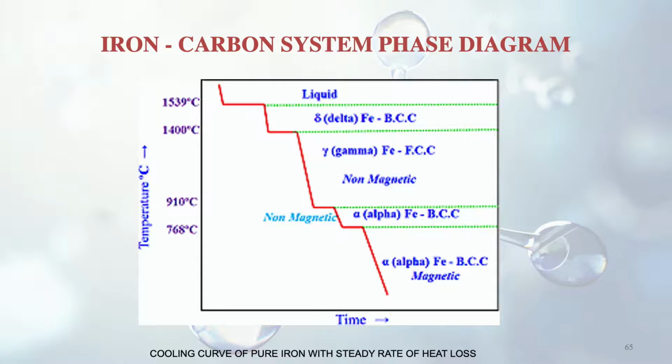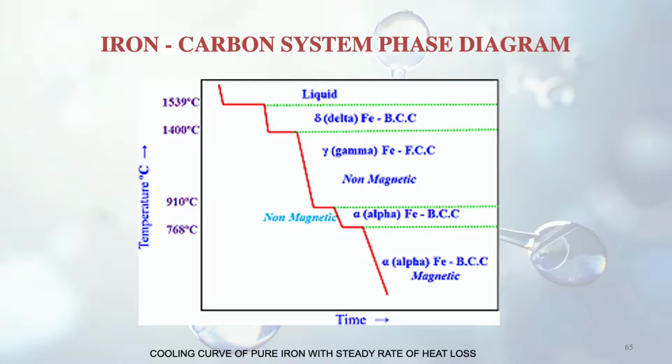From 910 degrees centigrade to 768 degrees, it is still non-magnetic, but it is known as alpha, because the microstructure is changing and becoming body centered again. And from 768 till the bottom, meaning the lowest temperature or 0 degrees, this one is alpha again, and it is BCC type, but now it is magnetic.